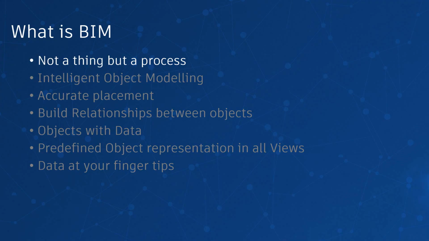If we start with probably the biggest important thing, BIM is not something you can buy. It is a process. It is a methodology. It is not a purchasable thing, right? During the process, you're actually modeling intelligent objects which are customizable.